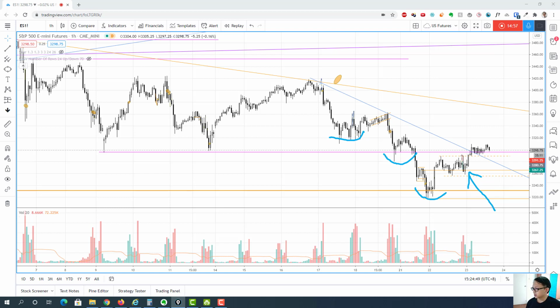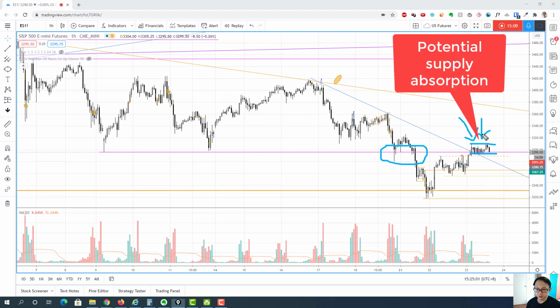And based on the current price action, I suspect that we are having a possible supply absorption. So that's the supply zone, and we probably undergo some kind of supply absorption process.